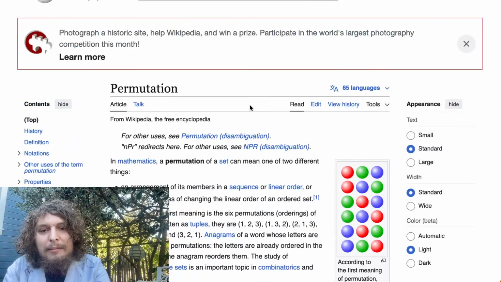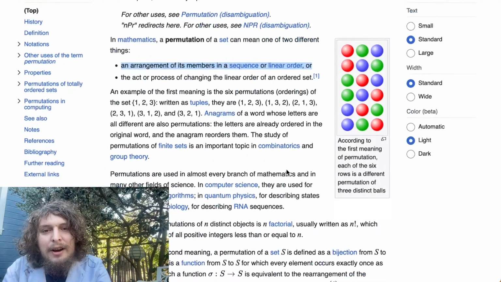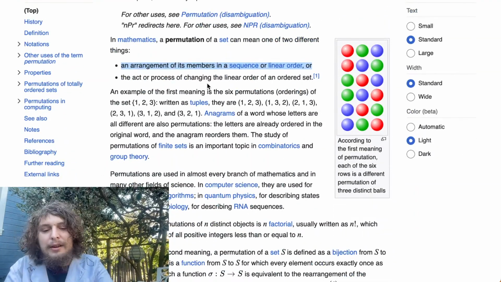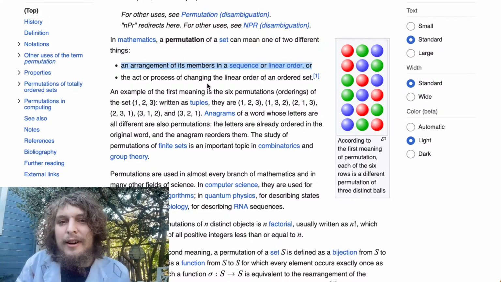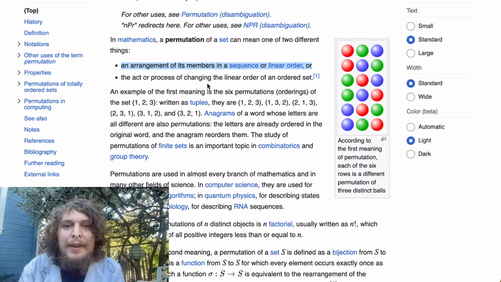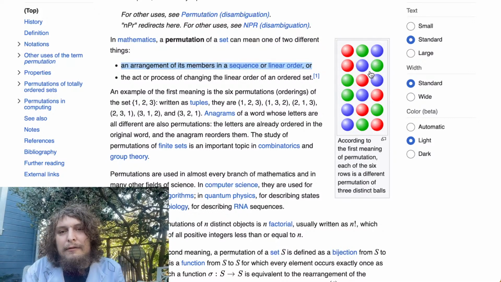Let's say you have some amount of items, and we're using the first type of permutation here, because a permutation can also mean a way of changing two of them, sort of like going from one of the first type of permutation to another. An arrangement of some of these things in an order. And so, for example, we have 3 colors here, and we are ordering the balls and stuff.